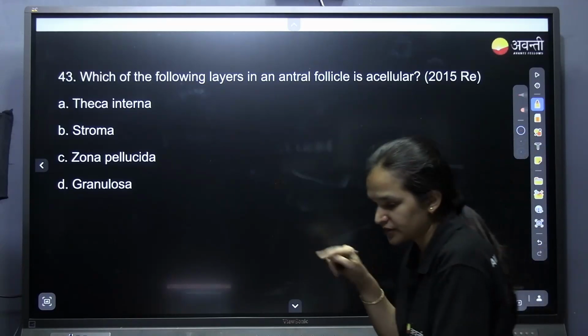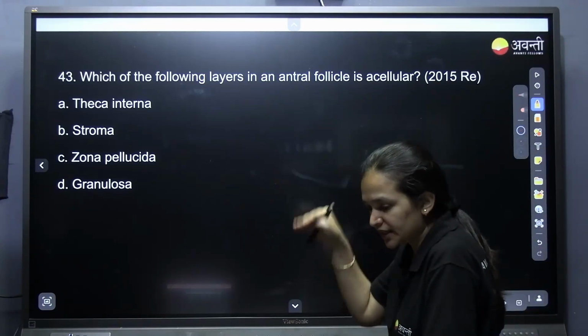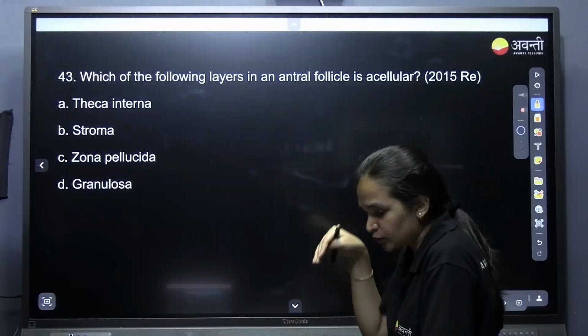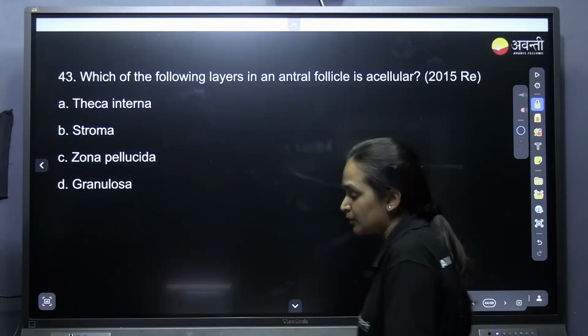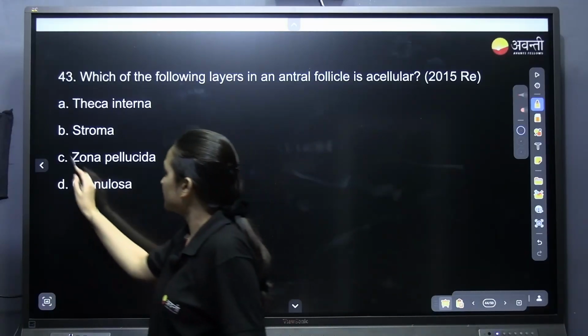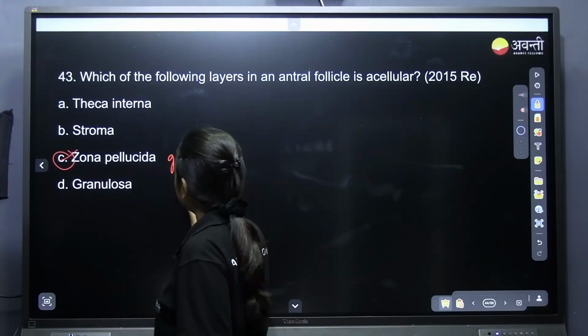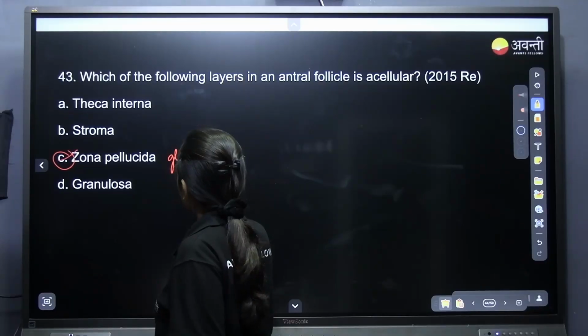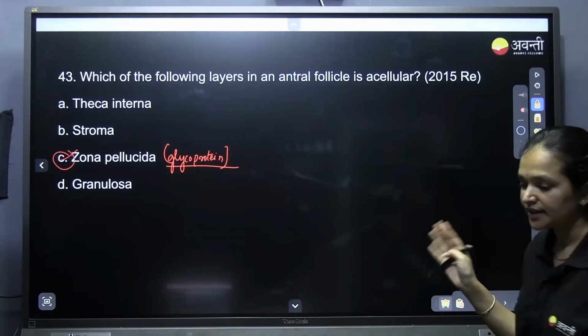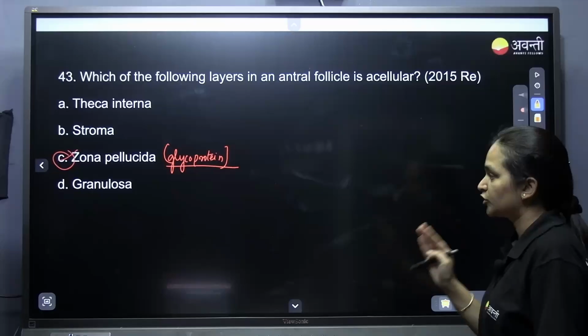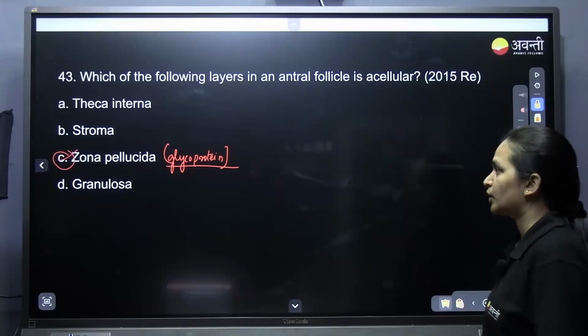Like for example, in the tertiary follicle there are follicular layers. The innermost is theca interna, the outermost is theca externa. Zona pellucida is just a glycoprotein. It's not a cell. Not cellular. It is acellular. So it is zona pellucida.